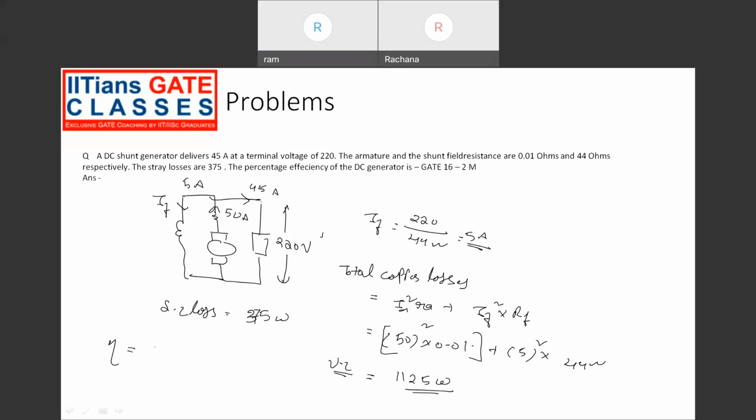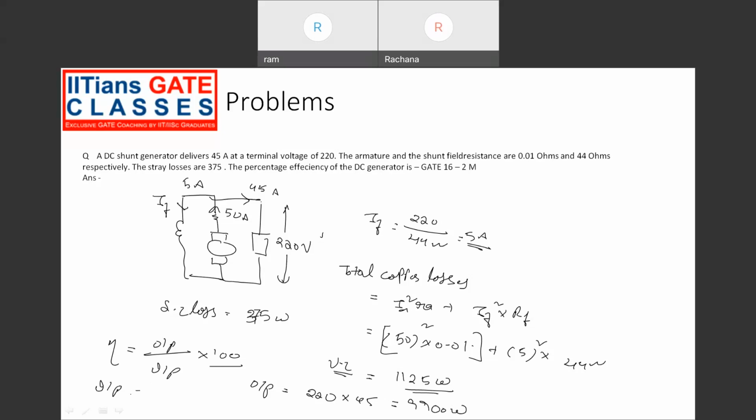So the efficiency equals output by input into 100. Output is given by V into I, so that is 220 volts into 45, which is 9900 watts. So this is the output.